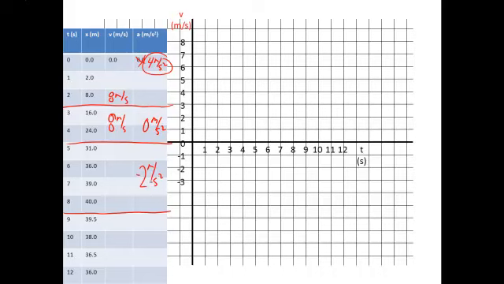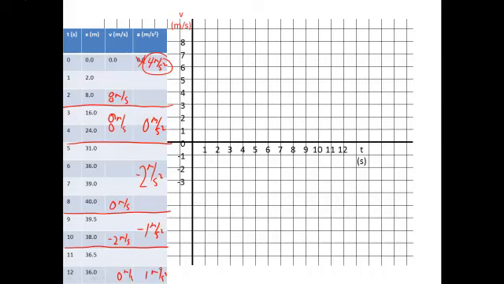And the final velocity at that point was 0 meters per second. And then from 8 seconds to 10 seconds, we found out that there was a constant negative 1 meter per second squared with a final velocity of negative 2 meters per second. Then from 10 to 12 seconds, we found out that there was a final velocity of 0 meters per second with a constant acceleration of 1 meter per second squared.